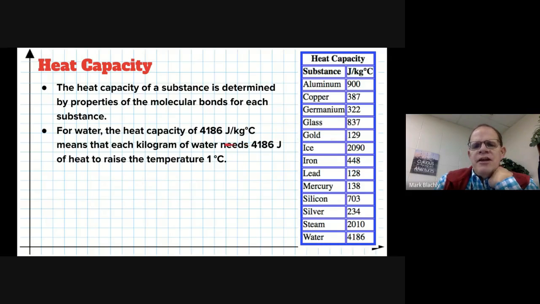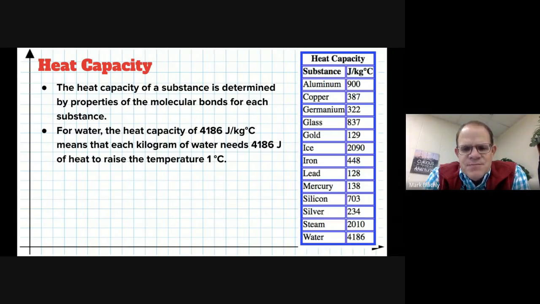For water, the heat capacity is 4,186. That's how many joules of energy it takes to make 1 kilogram of water 1 degree Celsius warmer. Have you guys seen that number before? 4,186? It's a trick question. You've seen it before. Take a peek in your toolbox under your handy conversions.